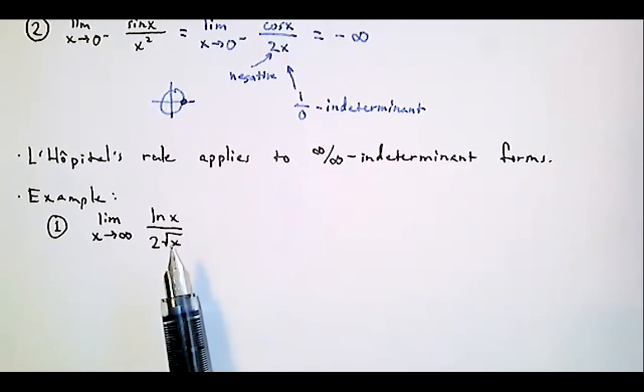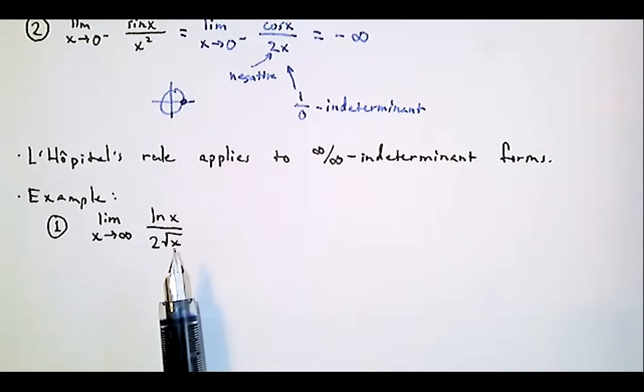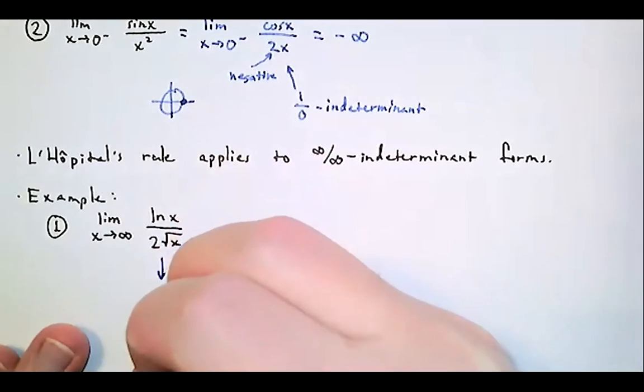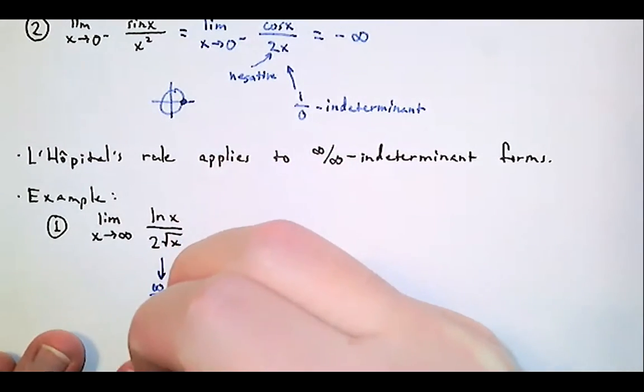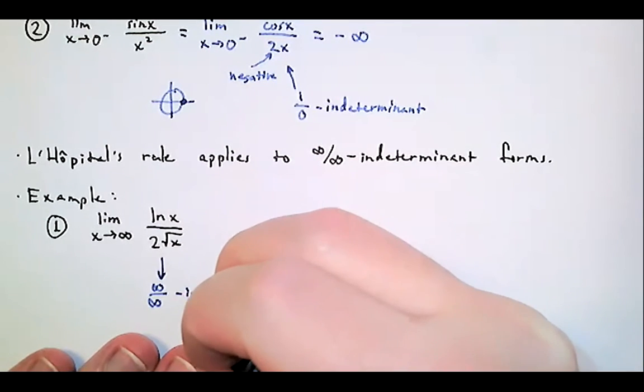And we already know that the square root of x function also just keeps on getting larger and larger as we plug in larger numbers, like here in the limit. So this is one of these infinity over infinity indeterminate forms.